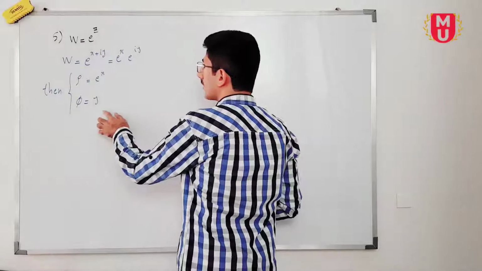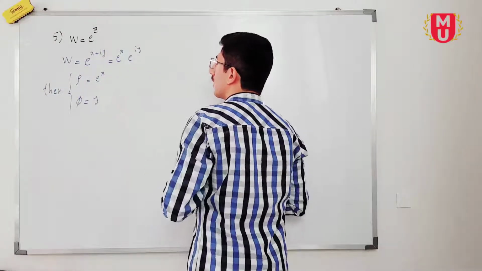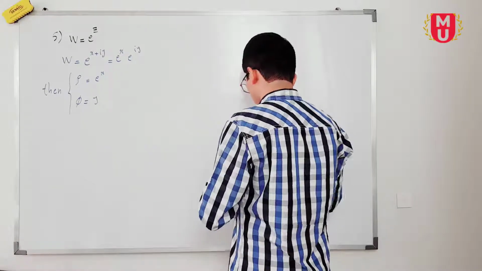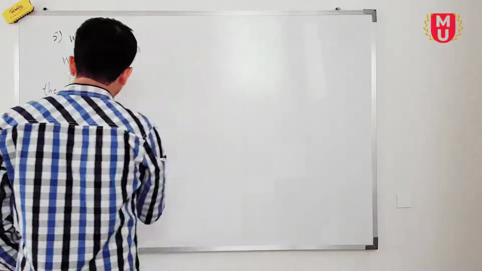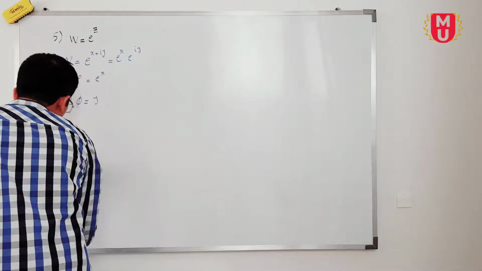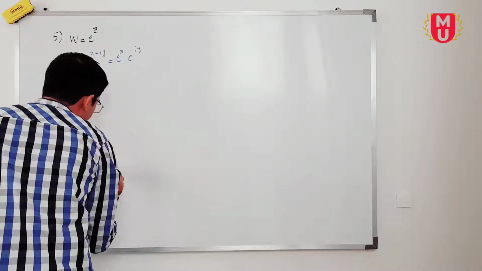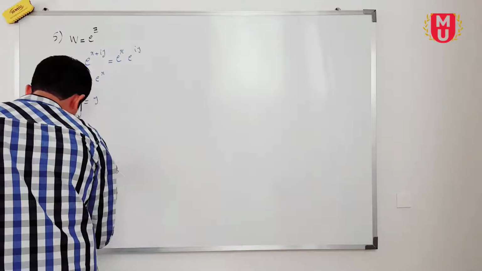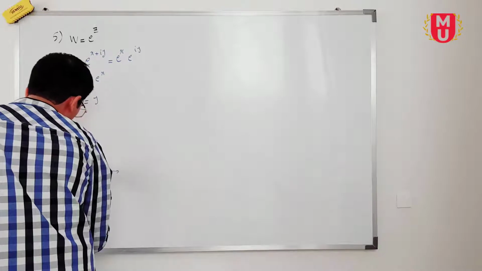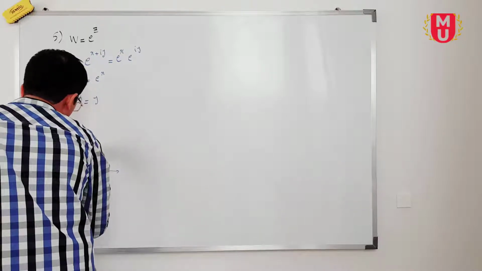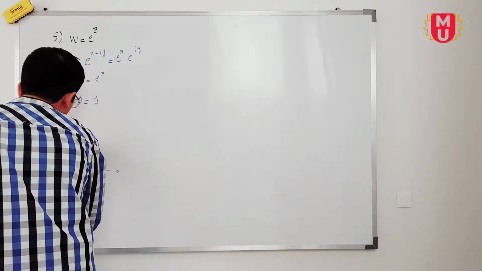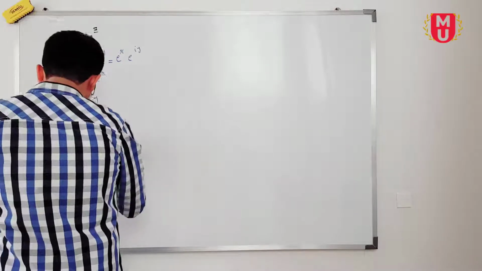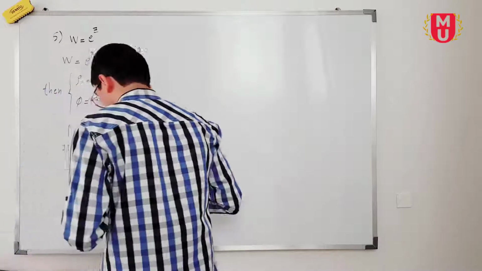There is another way to write this down in u and v. We will draw a graph that looks like this. This is x, y, this is our point.